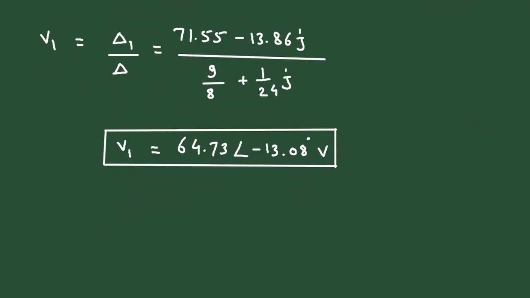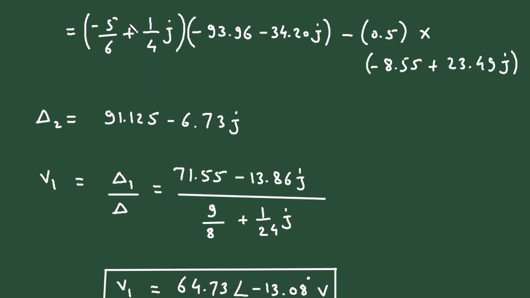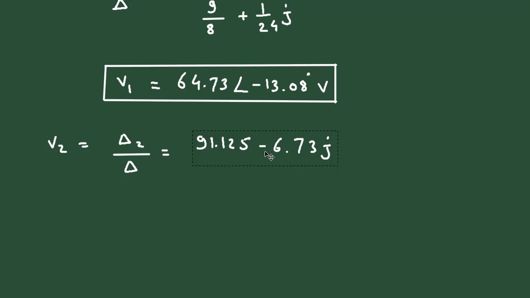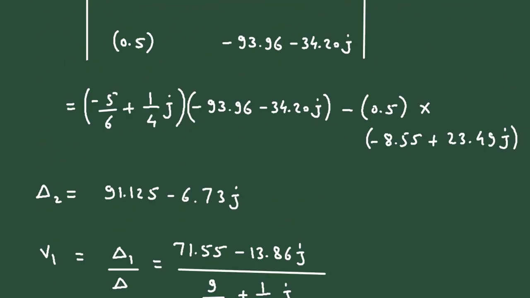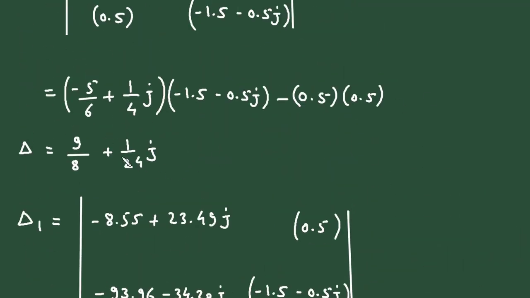Then next we have to find the value for V2. So V2 is equal to delta 2 divided by delta. Now the value of delta 2 is this, divided by delta. Delta value is this much.